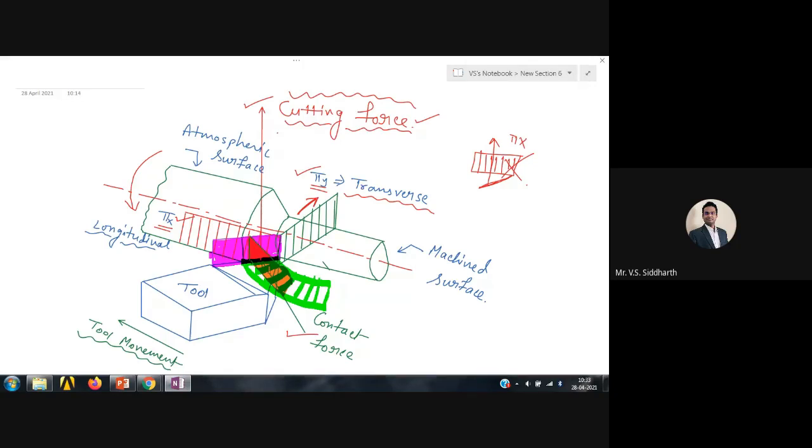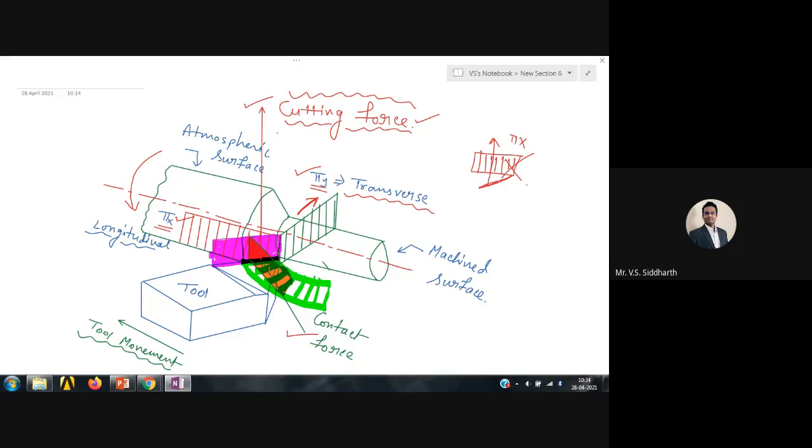So I can't do the analysis of the forces by taking into account the machine reference system. That's why I have taken two arbitrary planes. One plane is along the side cutting edge and another plane is perpendicular to the plane of the side cutting edge.